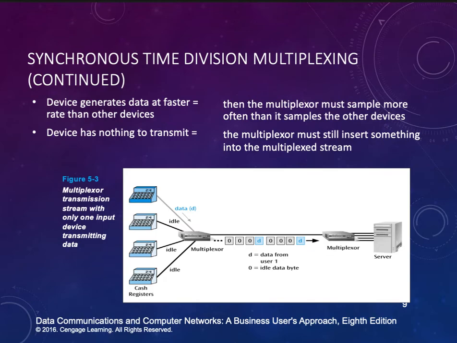If there is no transmission, the system will still include an idle data bit. In this case, in the diagram, D is idle, so they still put a data slot in, because it's part of the loop.